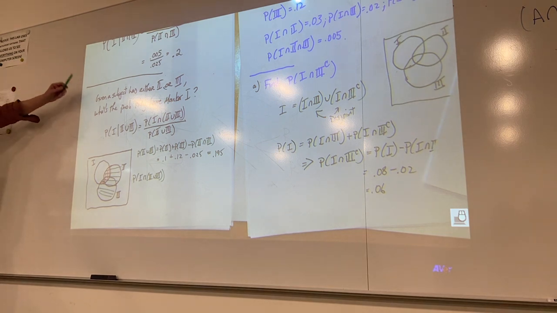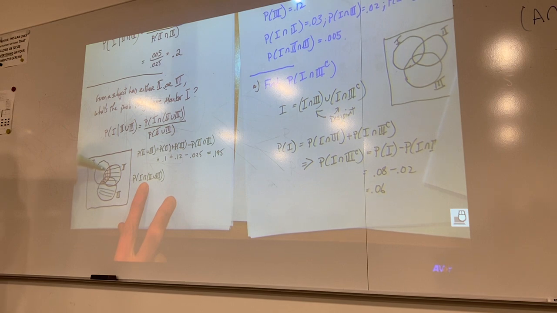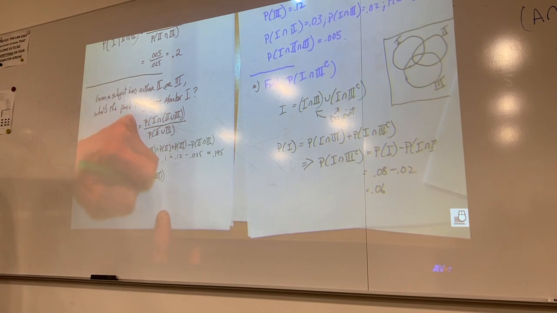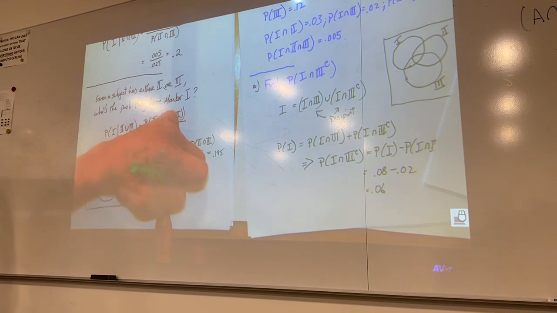I'm also noticing when I look at the Venn diagram that it's the intersection of 1 and 2 plus the intersection of 1 and 3, and then we've double counted the three-way intersection in the middle. So do you like that? I've got the probability of 1 and 2 plus the probability of 1 and 3 minus the probability of all three of them.